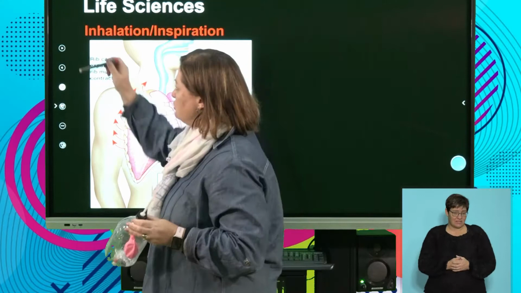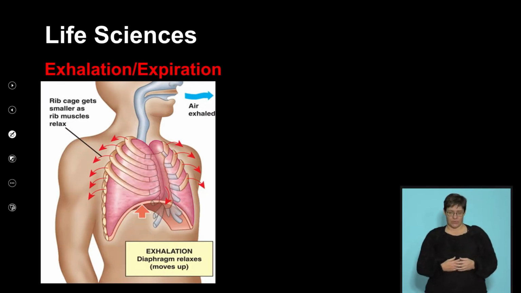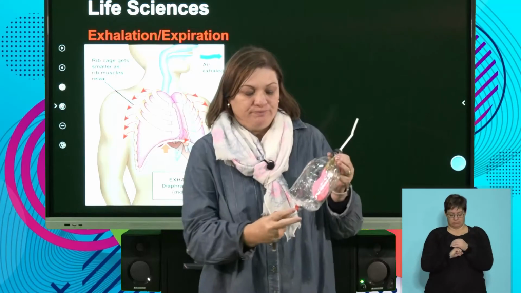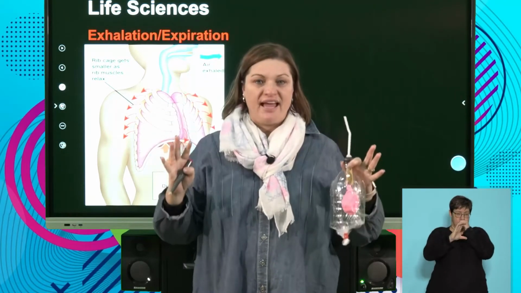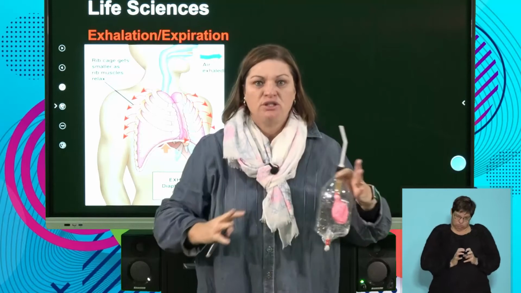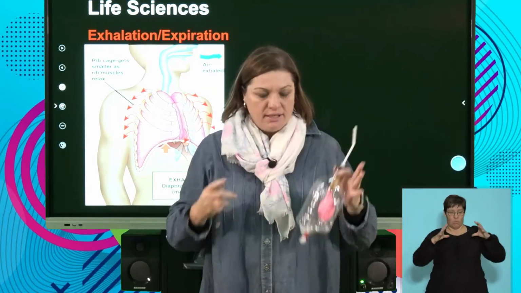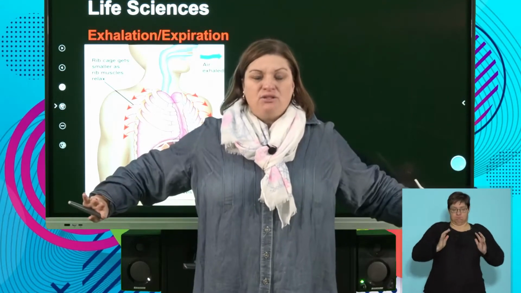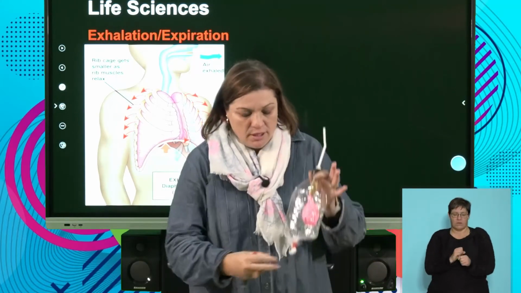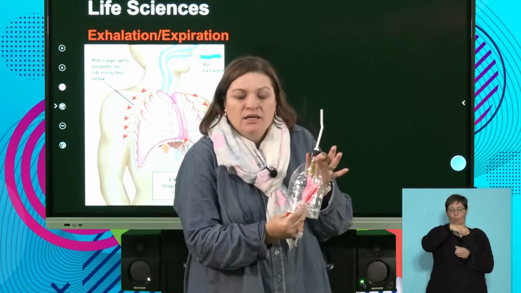Now when I want to breathe out, what do you do when you blow up a balloon and you want to get all the air out? I squish it. It's exactly what happens here. So now when I breathe in, my diaphragm's out and my rib cage is wide, and when I want air out, I push my diaphragm back in.